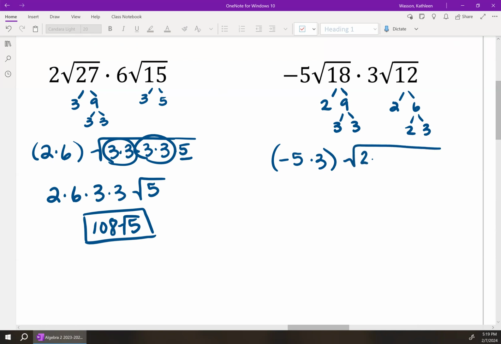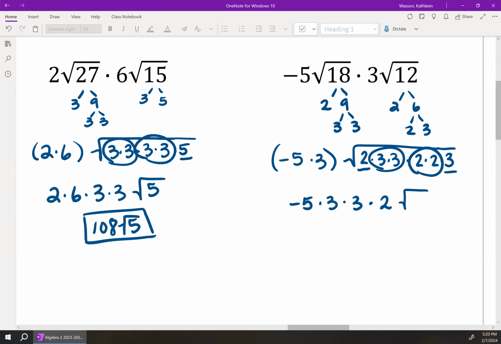I have 2 times 3 times 3 times 2 times 2 times 3. And I need pairs to simplify a square root. The 2 and the 3 don't have a mate, so I'll write this as negative 5 times 3 times 3 for this first group times 2 for my second group.